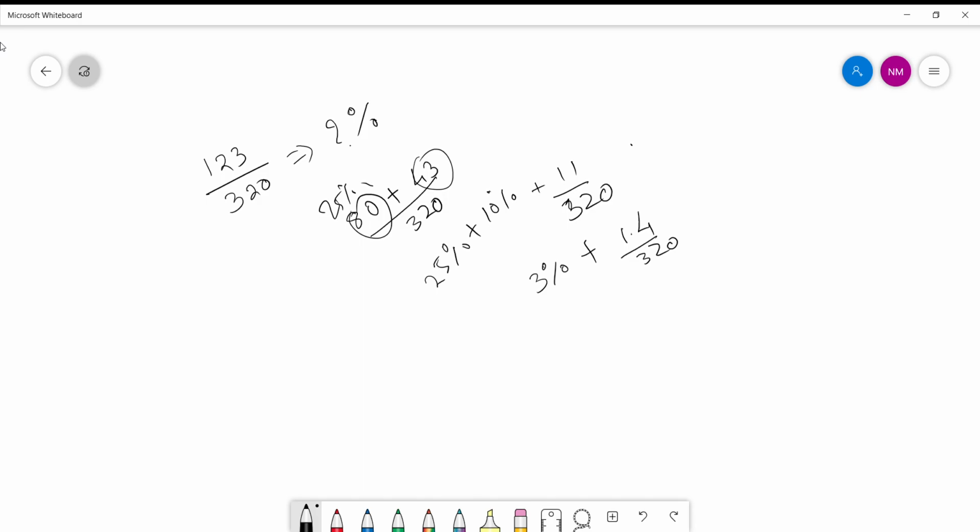If your options are in the range of 38, then you can definitely know that your answer is going to be 38 point something percent. So if your option has 38 point some digit, then you can be sure that that is the one. But if you have more than two options which have 38 in them, then you'll have to calculate again.